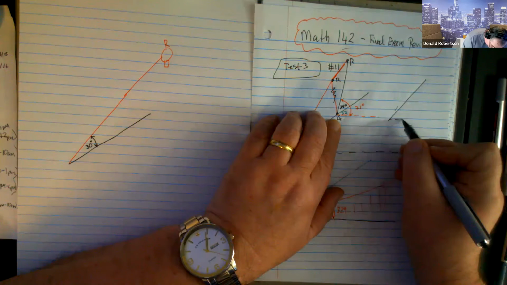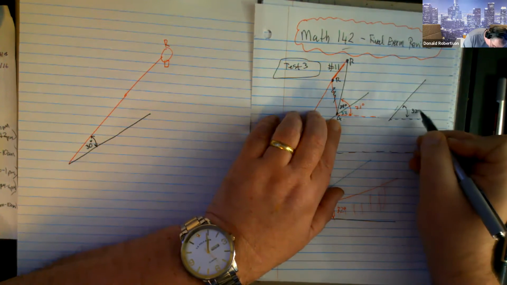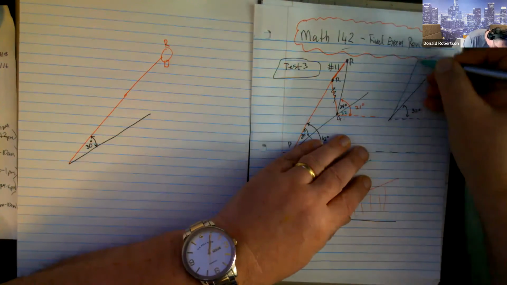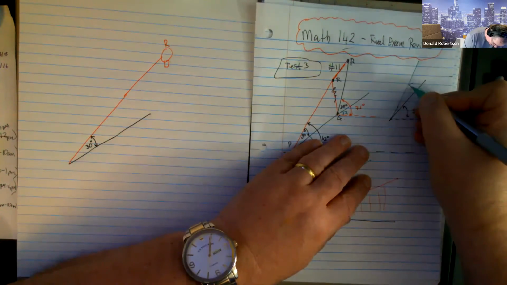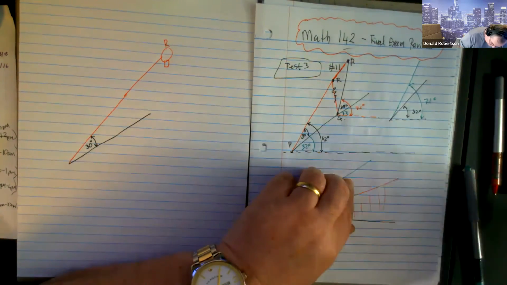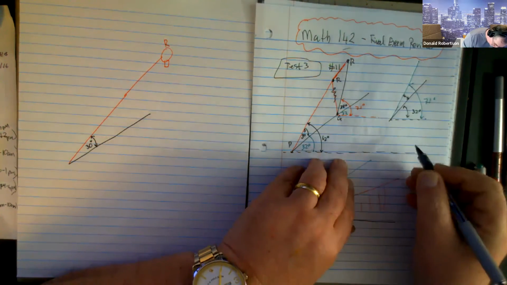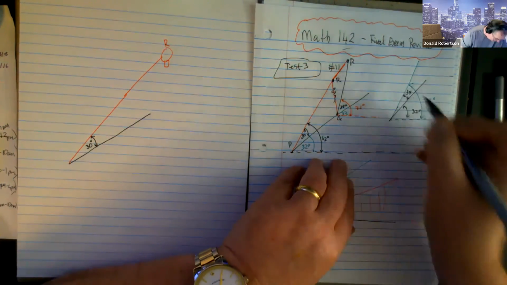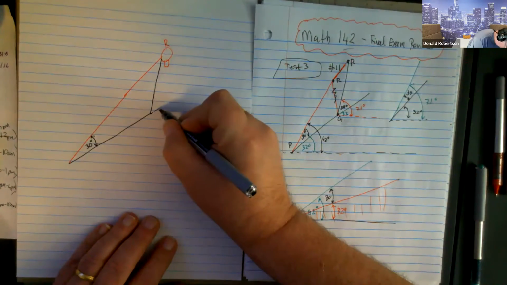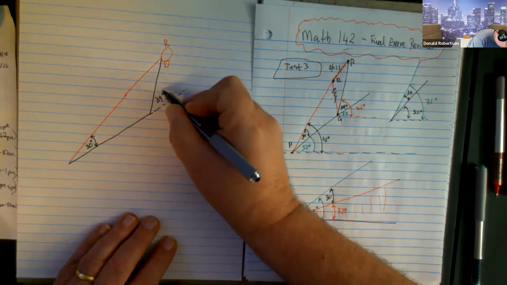If you do the little dotted line, this is the slope of the hill, so that's still 32 degrees. But the angle of elevation to the balloon, that's this angle, and they told me it was 71 degrees. That tells me that this piece here, which is the thing I'm looking for, is the other 39. So if I draw this to here, and then continue the hill, I find that this angle here is 39 degrees.